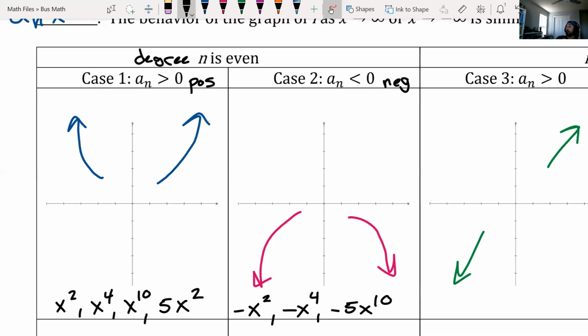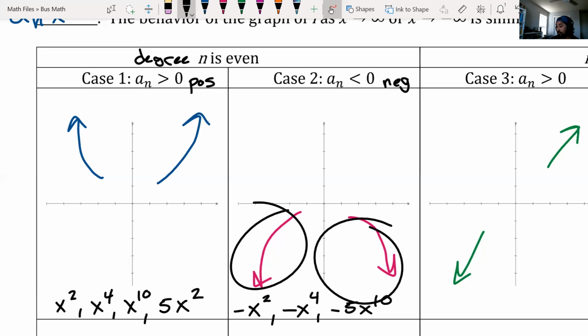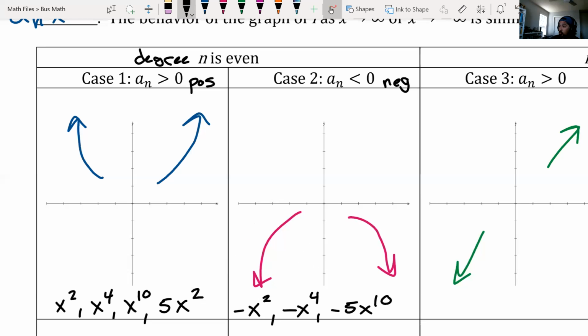So for case 2, if you have a negative leading coefficient and your degree is even, then the graph will open down. Again, we're only looking at end behavior. The reason these graphs aren't connected is because we are going to figure out how to connect those after this. The way to connect those tails is by finding x-intercepts and y-intercepts. So case 1 and case 2 are for even degree polynomials.